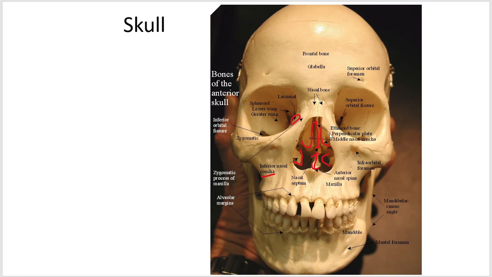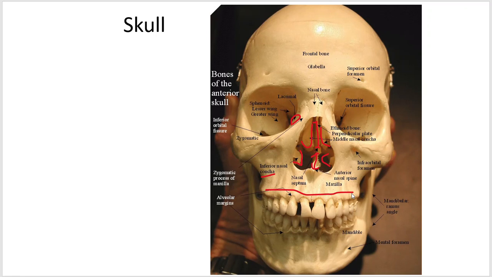Let's see. Looking for, trying to find where they've got this at. Oh well, we'll do this one now. This guy right here, your upper, is called the maxilla.